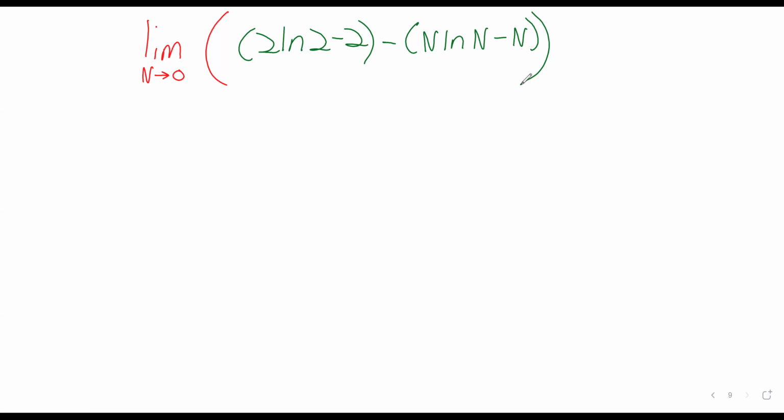The reason I say that I don't think it's clear what's happening is that as n goes to zero, this goes to zero, and 0 times a number is 0. But also as n goes to 0, this goes to infinity, and infinity times a number is infinity. So those two things are fighting. That n is trying to make this be 0, that infinity is trying to make this be infinity.